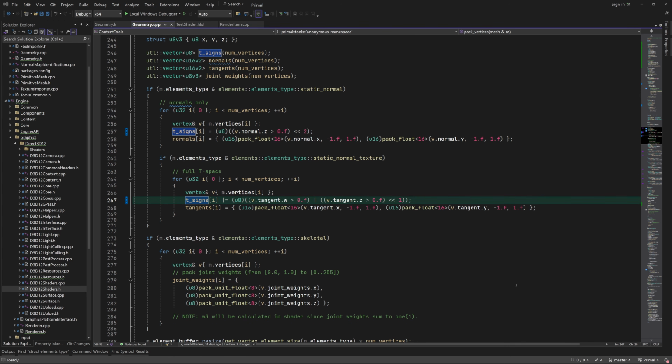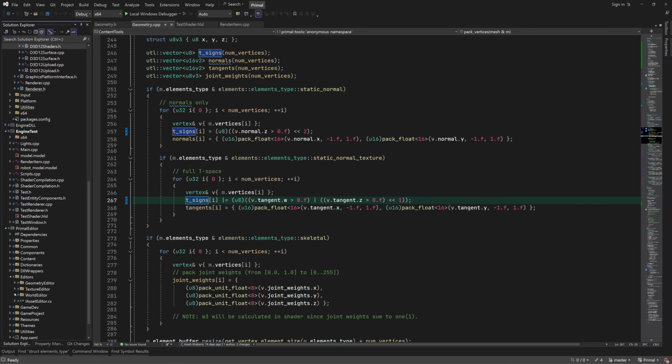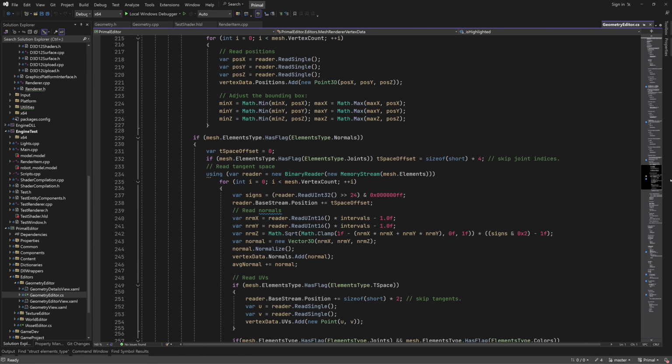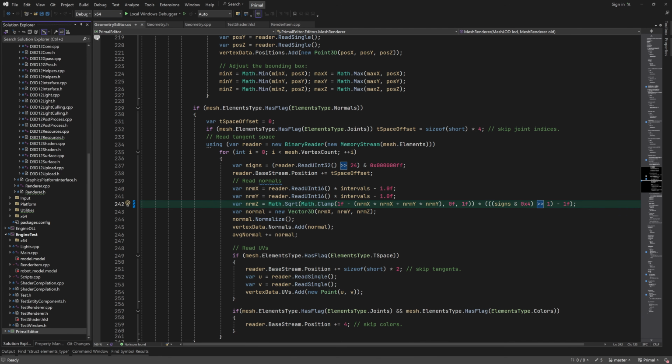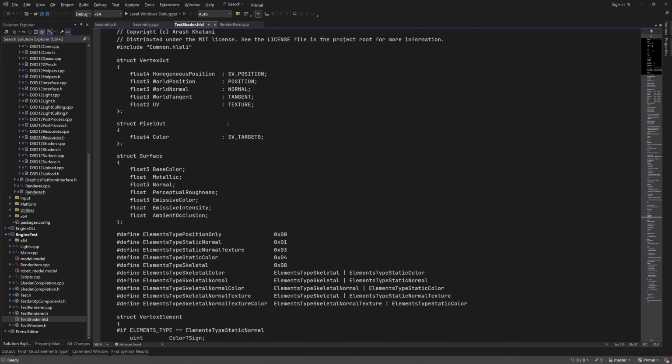Since the normal bit position is now changed, we need to update the C# mesh renderer so it reads the correct bit when we view a model in the geometry editor. This should do the trick. Of course, we also need to update our shader code, which again I'll edit in Visual Studio 2019.